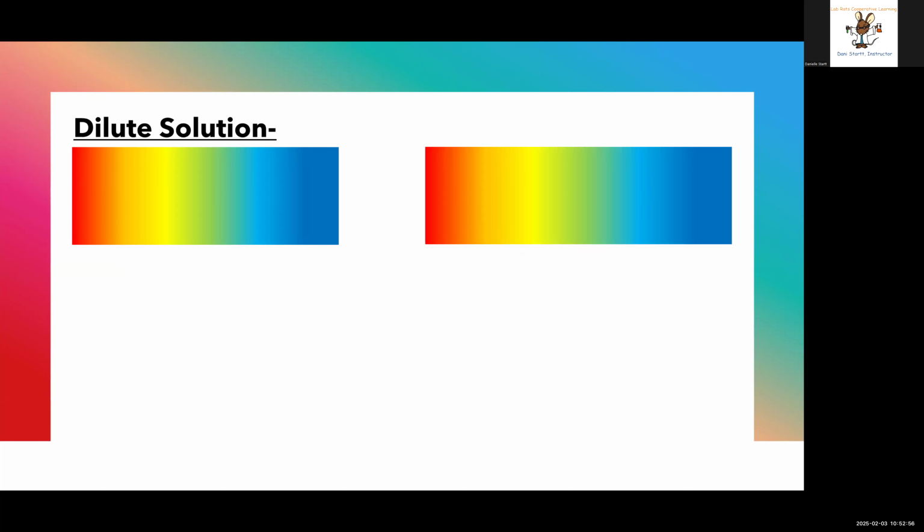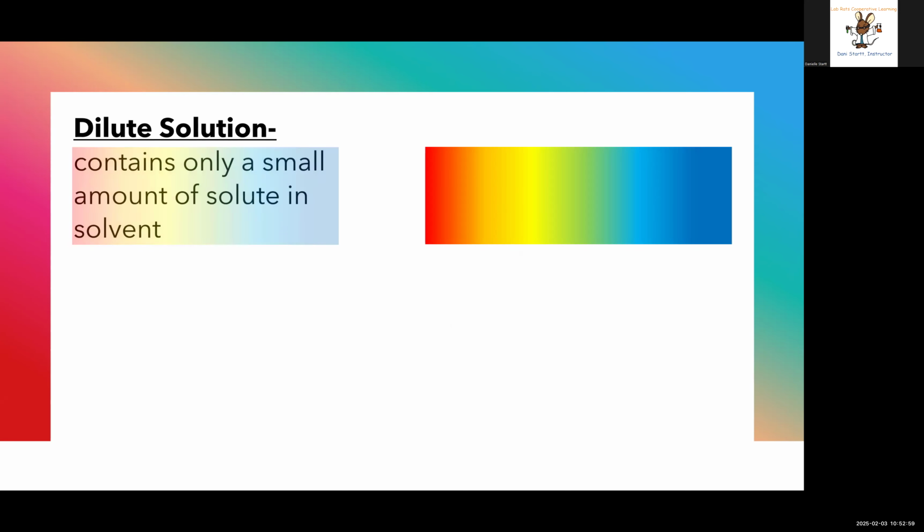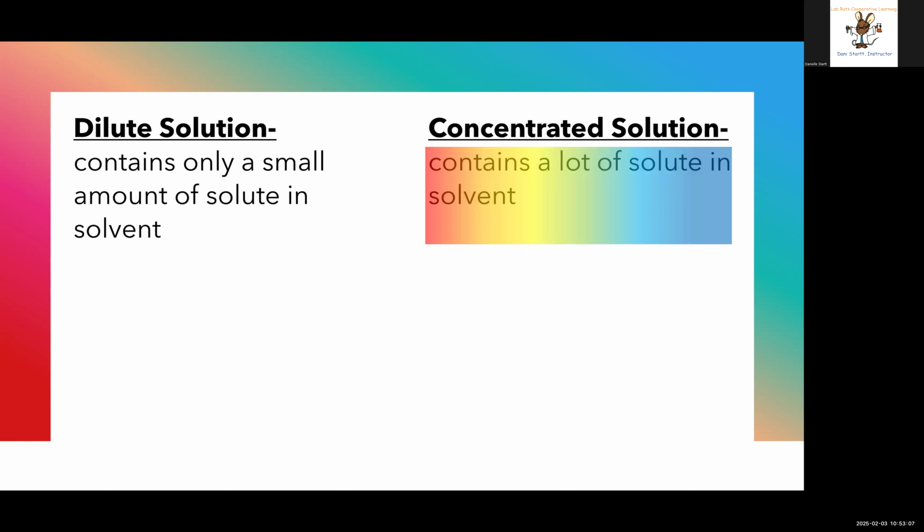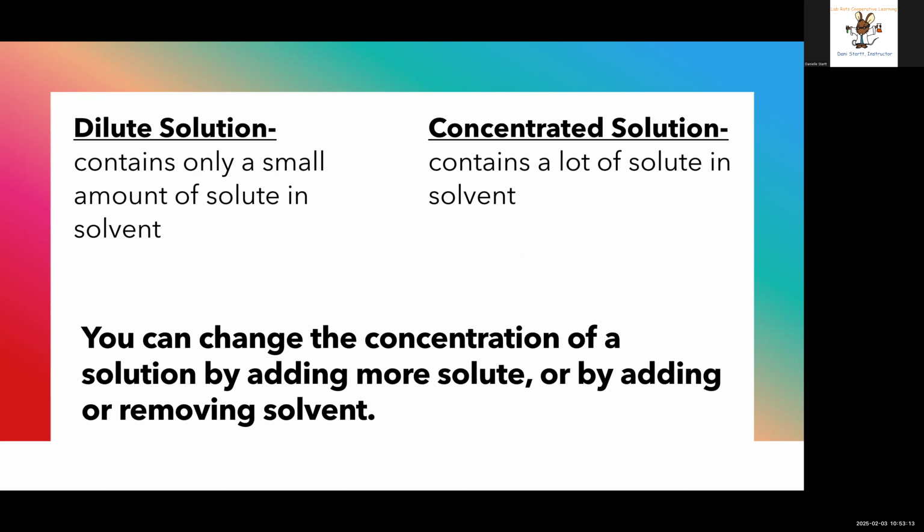So we talk about dilute solutions. A dilute solution contains only a small amount of solute in your solvent. But then opposingly, we have concentrated solutions. Concentrated solutions contain a lot of solute in their solvent. You can change the concentration of a solution by adding more solute or by removing solvent.